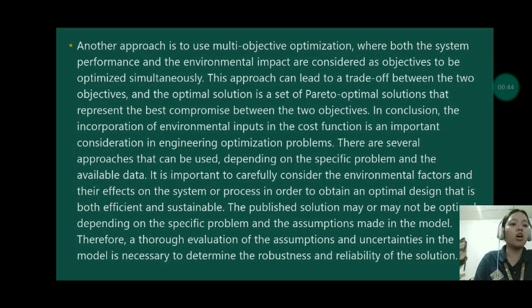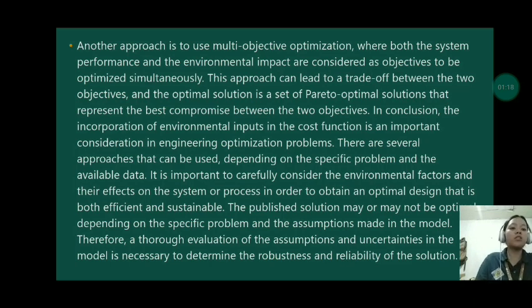In conclusion, the incorporation of environmental inputs in the cost function is an important consideration in engineering optimization problems. There are several approaches that can be used depending on the specific problem and the available data. It is important to carefully consider the environmental factors and their effects on the system or process in order to obtain an optimal design that is both efficient and sustainable.